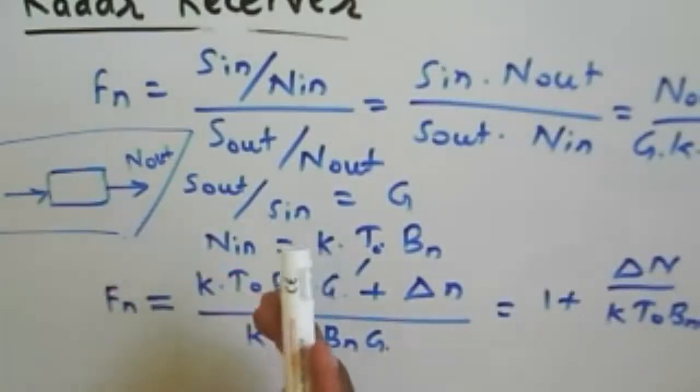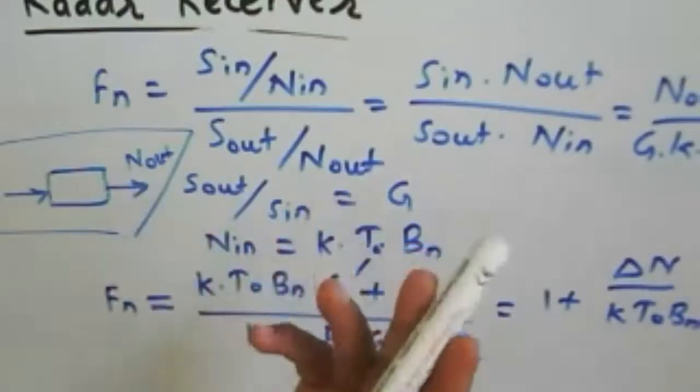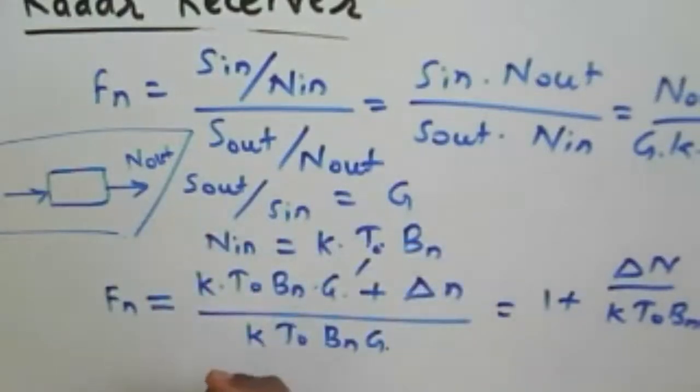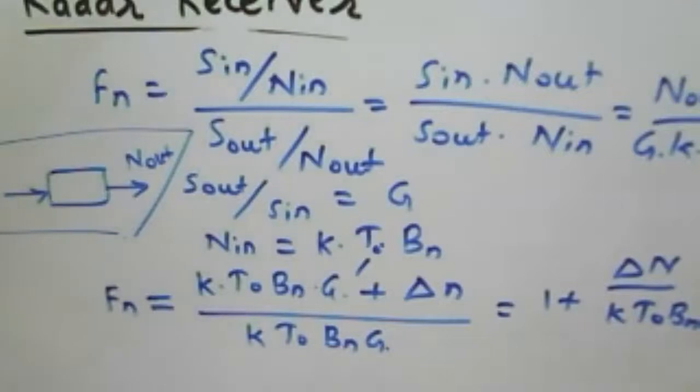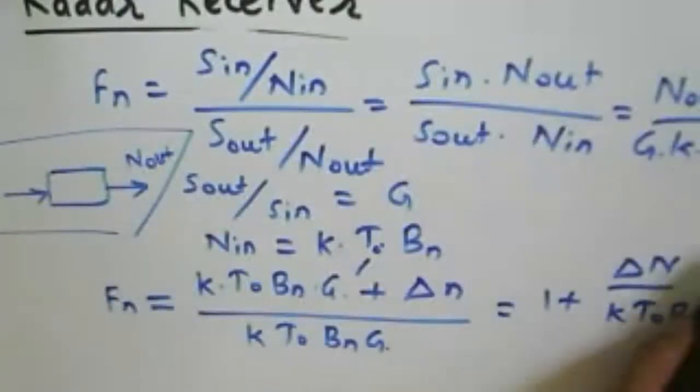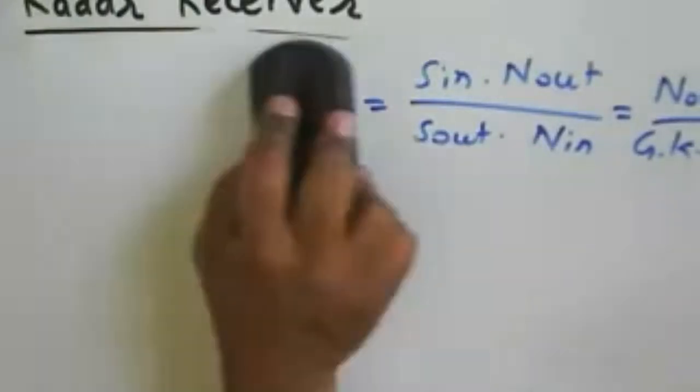Sometimes for matching conditions the signal to noise ratio will be improved, and sometimes for a mismatch condition the signal to noise ratio will be improved. So less noise will be obtained. That's why we need to achieve the signal to noise ratio. We can consider different conditions and use different devices so that the signal to noise ratio will be improved.